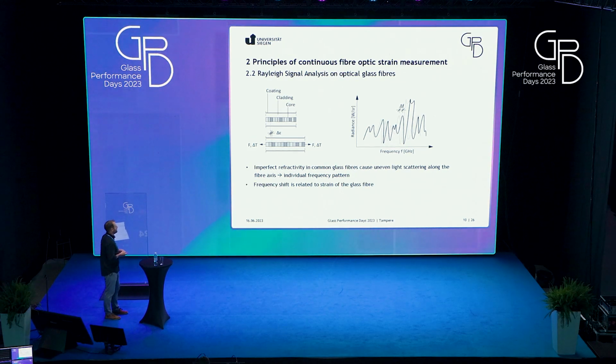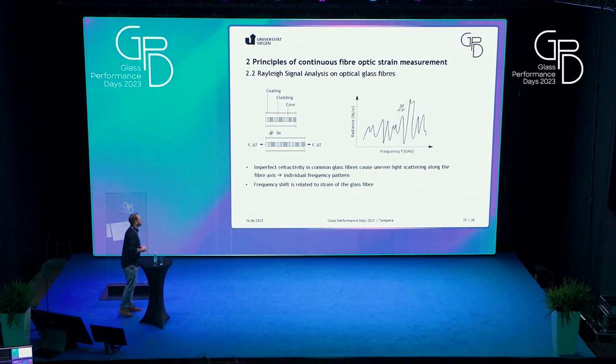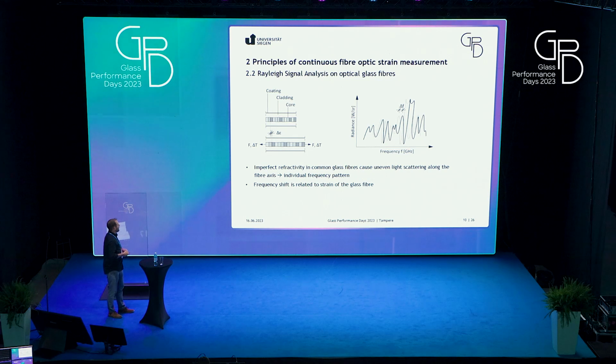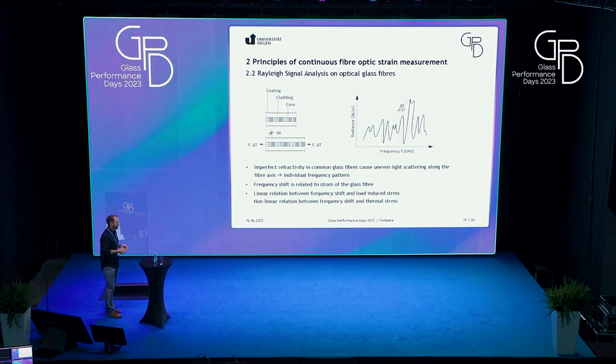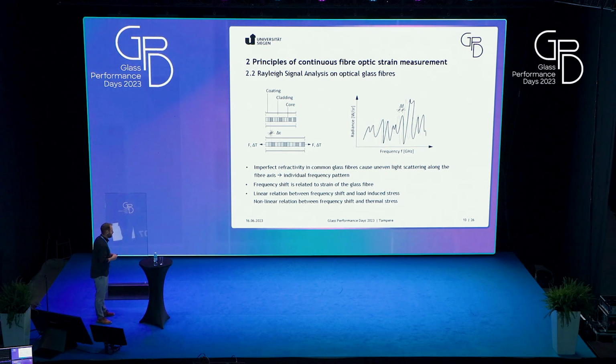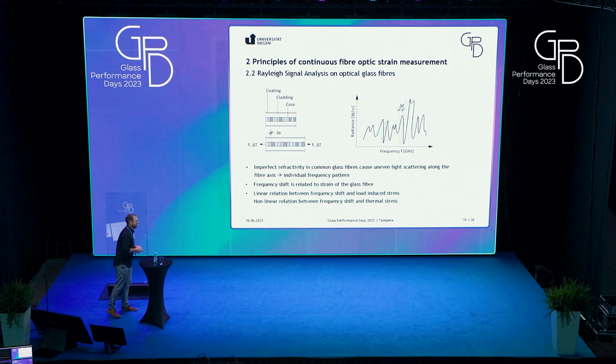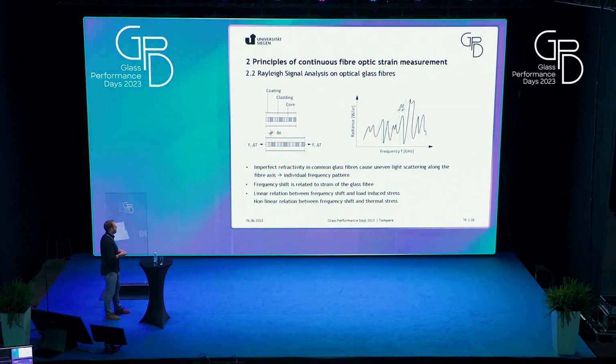And the frequency shift that is shown in the picture on the right is related to strain and is also related to temperature. It's related linearly to strain and nonlinearly to temperature, but that can be solved by an equation, a polynomial equation.